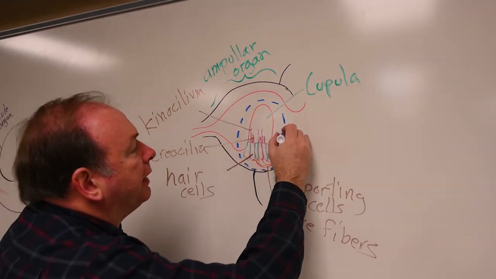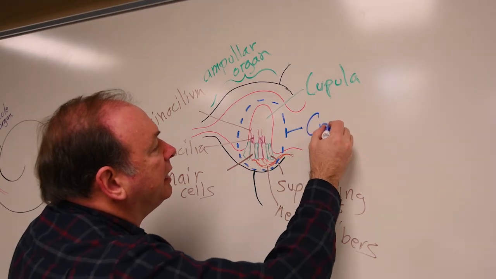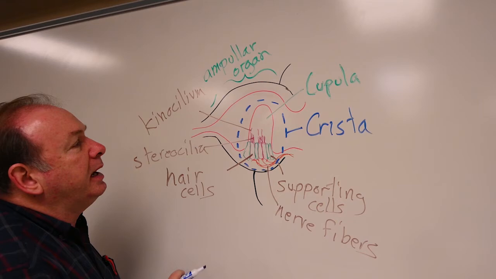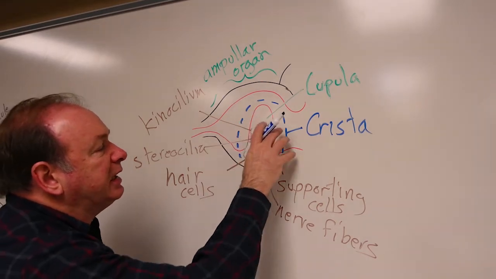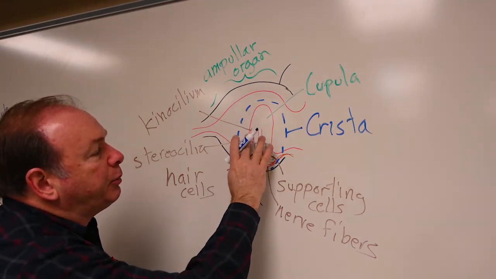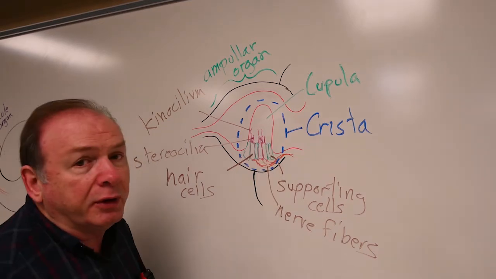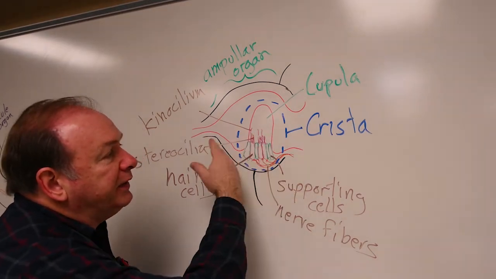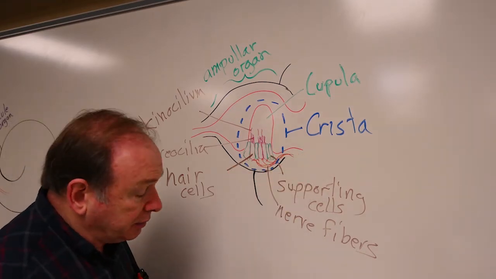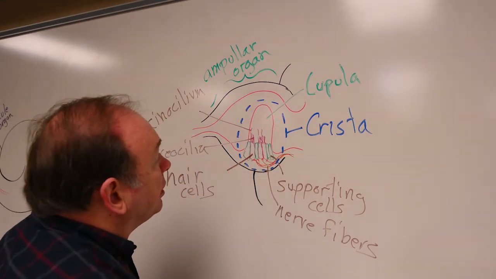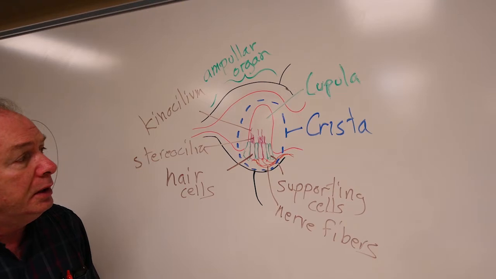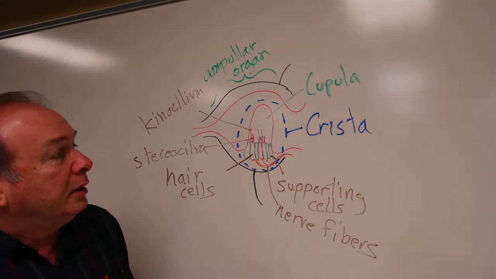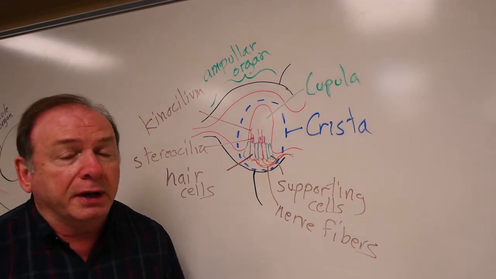All that part right there is referred to as a crista, or crista organ. The crista of the ampular organ is just that section that has the flap-like part, the hair cells, and the beginning of the nerve fibers. So it's a transduction of the physical signal to a neural signal, and that's where it occurs, in that crista organ. So there's another term that's important in understanding the overall ampular organ for dynamic equilibrium.